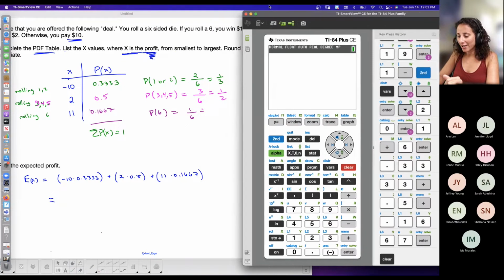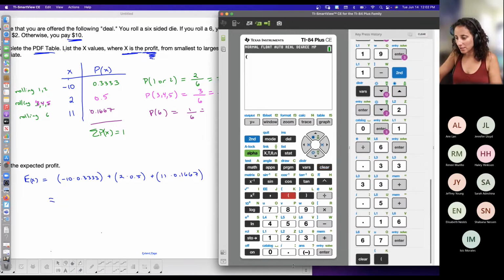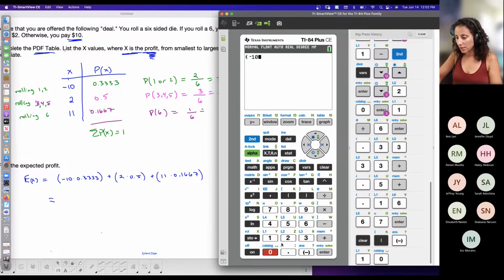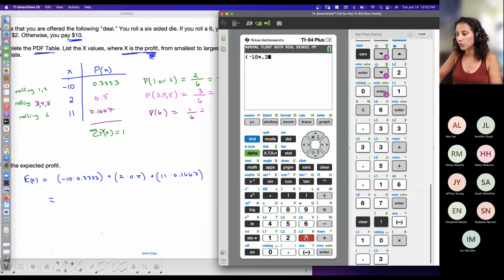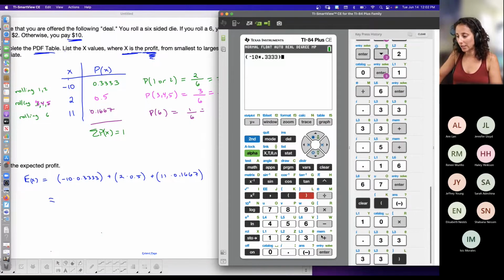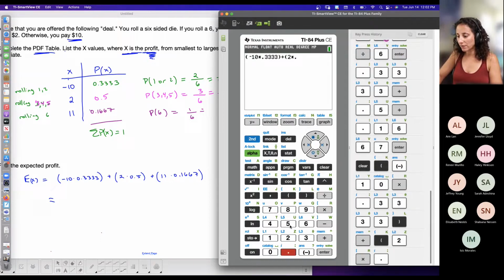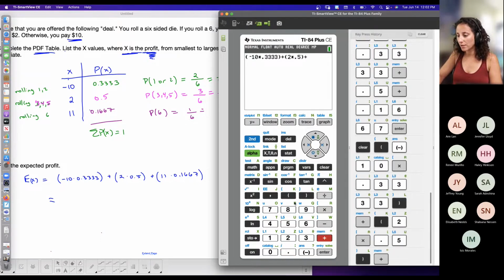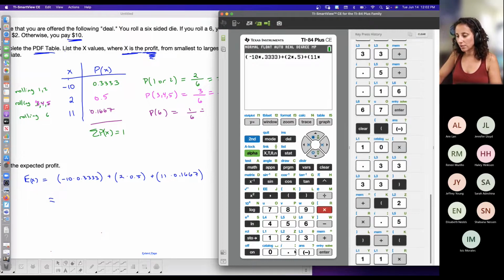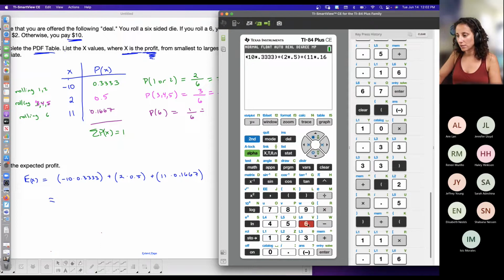Okay, parentheses, -10 times 0.3. Let's see what we get. I'm assuming on average we're losing money on this game, but plus 2 times, make sure you put parentheses around the multiplication because I want multiplication and then addition. 11, I'm just going to put it as I wrote it.